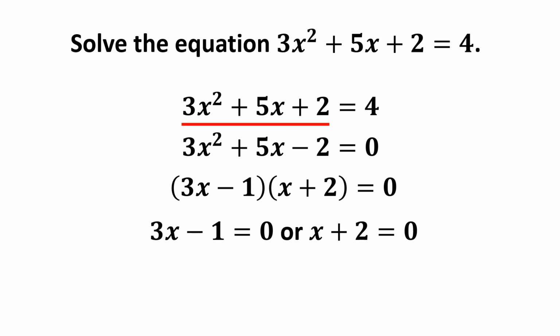There you have it. The roots of 3x squared plus 5x plus 2 is equal to 4 are x is equal to 1/3 or x is equal to negative 2. I leave you the checking of the answers. Just substitute these values one at a time to the original equation and see if you'll get true statements.